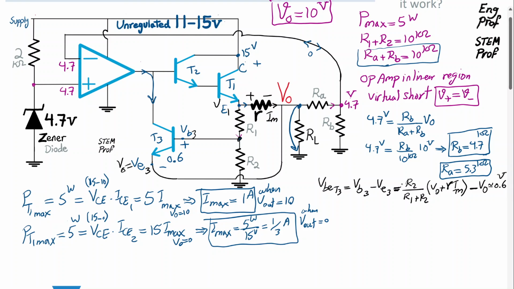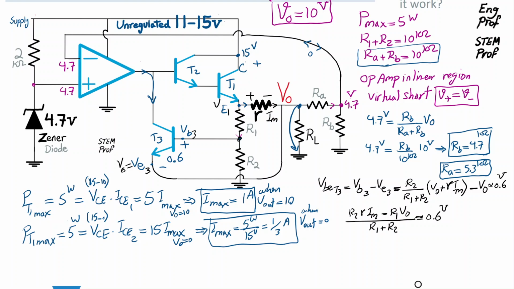So this is the kind of equation I need to trace, and to just clean it up, I can further simplify this portion with minus Vout, and what I get is finally this: R2 times R times Imax minus R1 times Vout, divided by R1 plus R2, is equal to roughly 0.6.